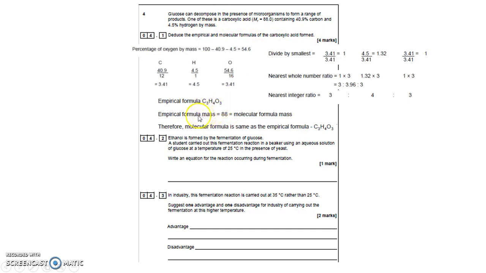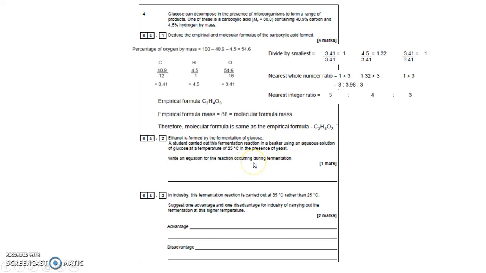So C3H4O3 is its molecular formula mass. So the molecular formula mass of 88 matches C3H4O3. Therefore the molecular formula is the same as the simplest formula, C3H4O3.